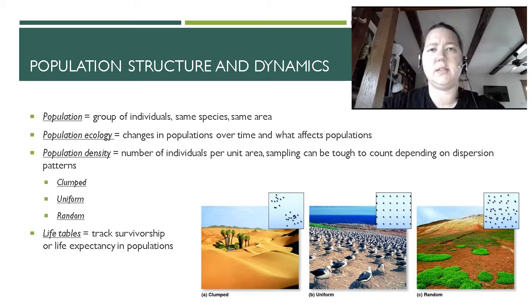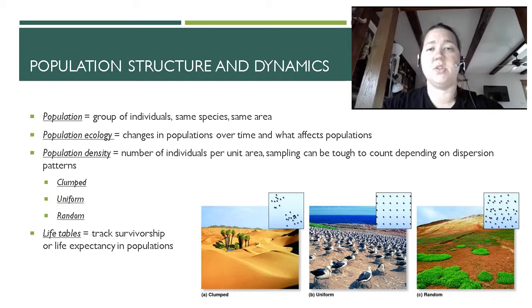So this is interactions between populations, this is interactions between individuals in populations. Remember, we talked about interspecific interactions and intraspecific interactions, competition, predator-prey, all of that kind of stuff comes into play. And so population ecology is a way to try and understand how these things are all interacting with each other, to understand what they're doing to each other.